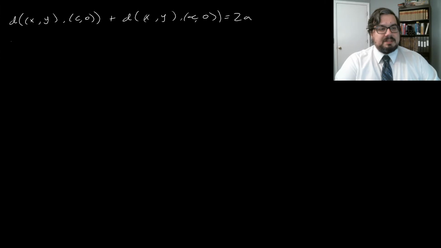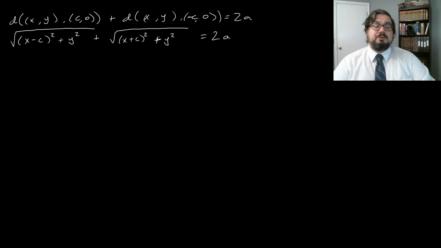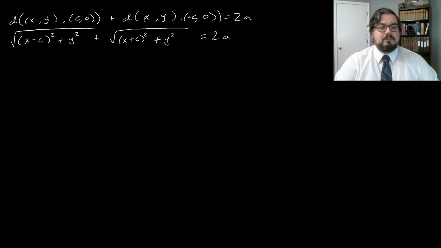So we have the distance formula, which tells us that the distance from x, y to c, 0 is the square root of x minus c squared plus y squared, and the distance from x, y to negative c, 0 is the square root of x plus c squared plus y squared. And we want those two distances to add up to equal 2a. Now we've got an equation here that we want to simplify that involves a couple of square roots.